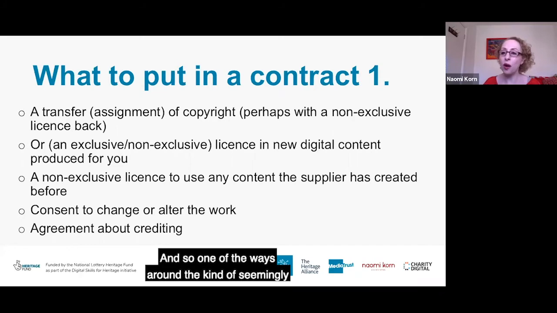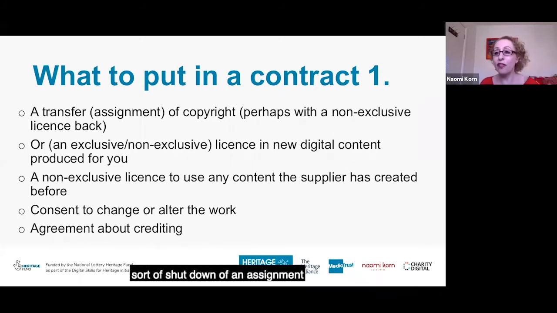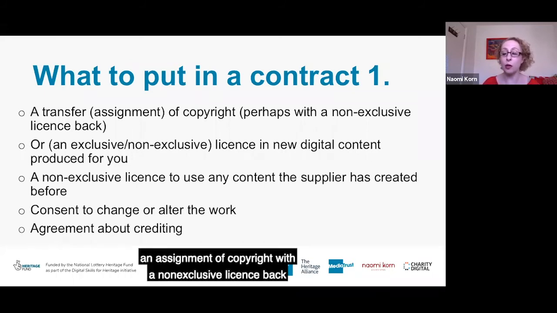And so one of the ways round the seemingly shut down of an assignment is for the heritage organisation to ask for an assignment of copyright with a non-exclusive license back granted to the supplier, so that the supplier can then use that content to support non-commercial activities like promotional work. Now, of course, this depends on what you are commissioning.